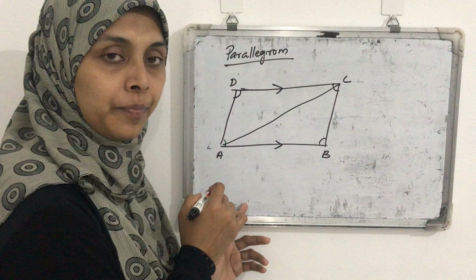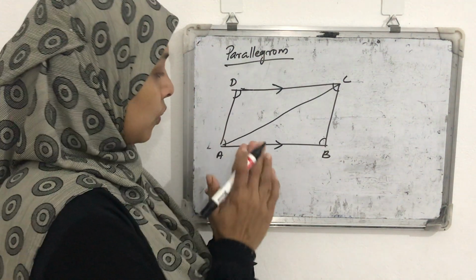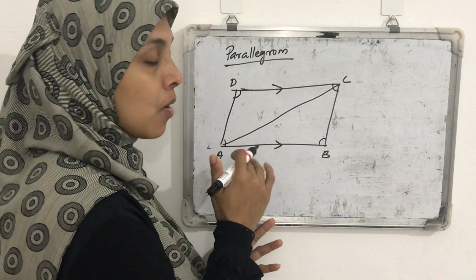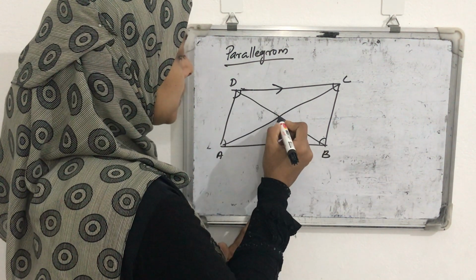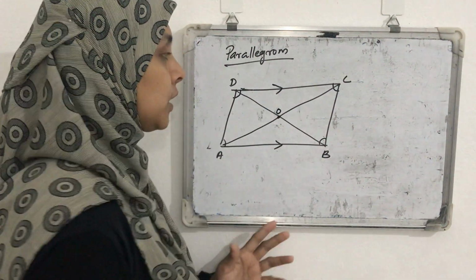What is its name? Yes, diagonal. How many diagonals can we draw in a parallelogram? 2 diagonals, and that meeting point we can represent as O.